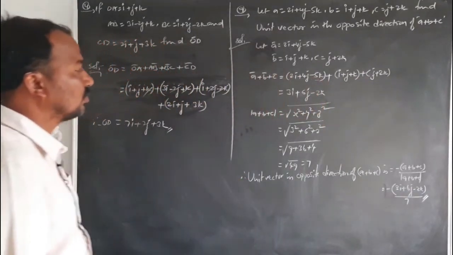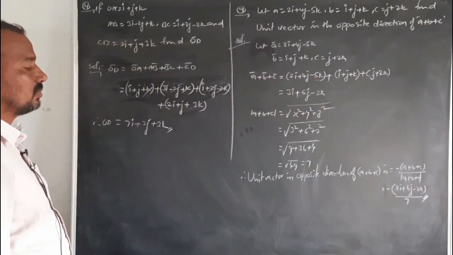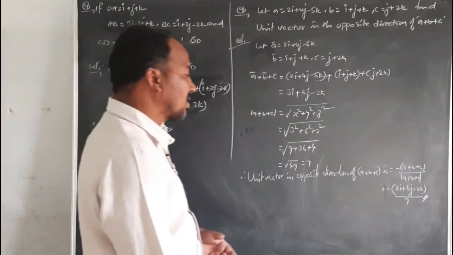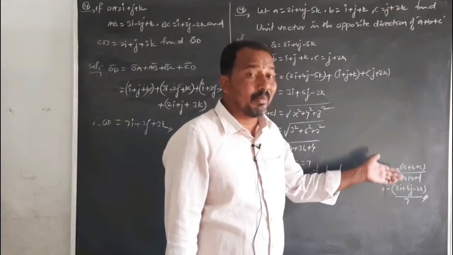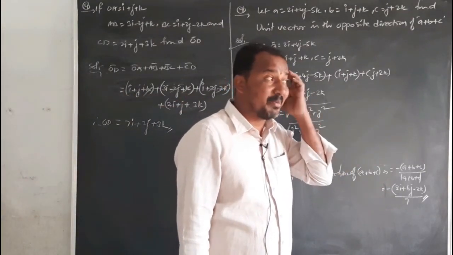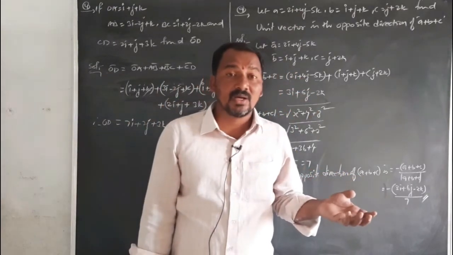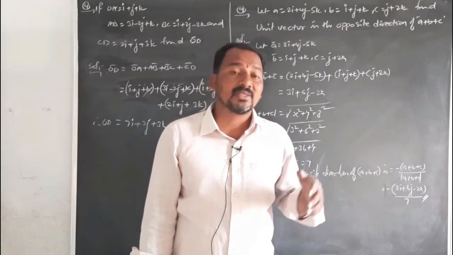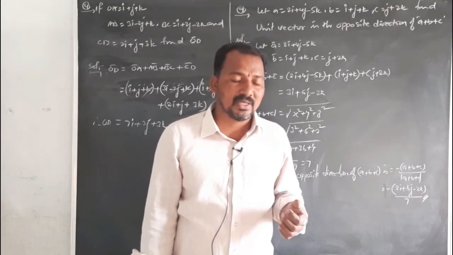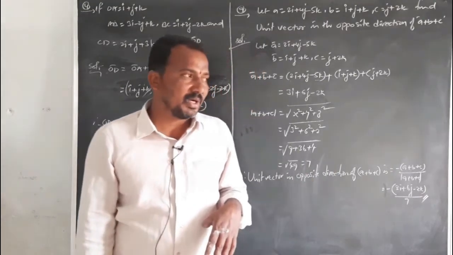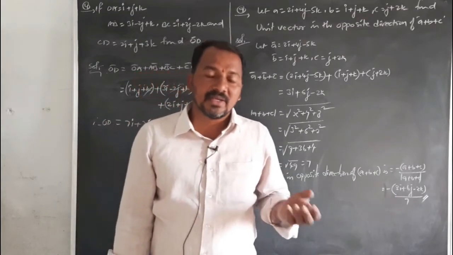Most important two marks problem. A vector parallel to vector A is plus or minus A by mod A, and in the direction of A is A by mod A.